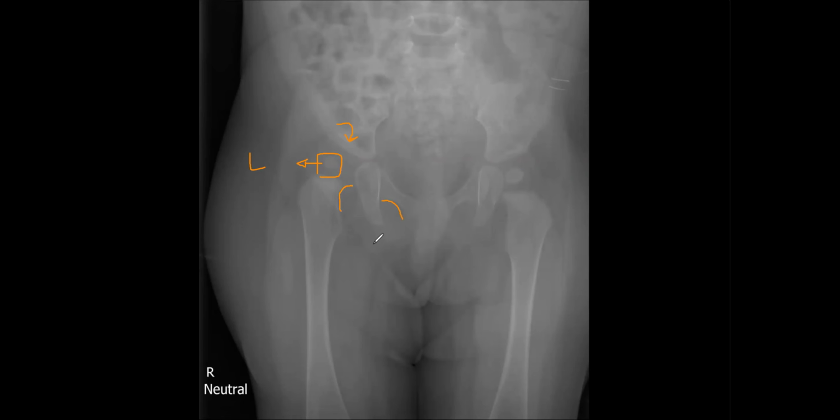Why or when do we do ultrasound? Before the age of ossification, like the first few months, we will do ultrasound, and after ossification, we will do X-ray. Till the age of nearly 4 to 6 months.